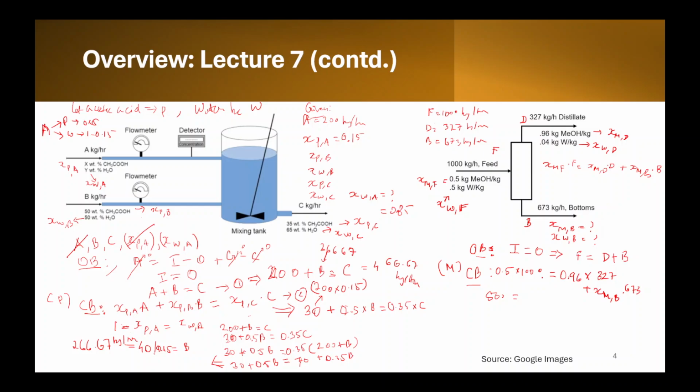This value will be 0.96 into 327, which is 313.92, plus XMB into 673.